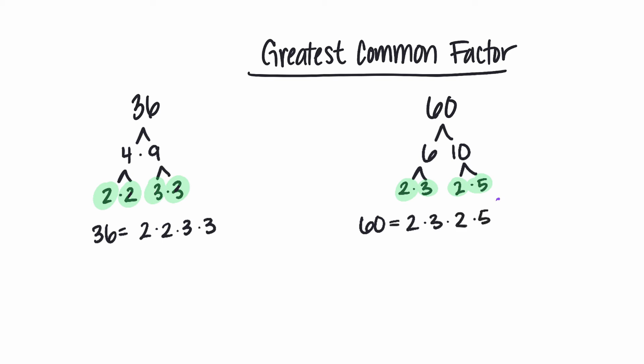Now, when we're looking for greatest common factor, we're looking for the factors that they share, the greatest one that they share. So I'm going to go through both of these lists and see what numbers they share. Well, I can see that they share a 2, so I'll write a 2. I see they share another 2.